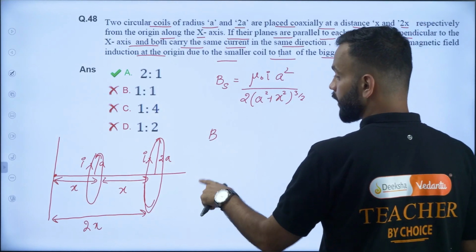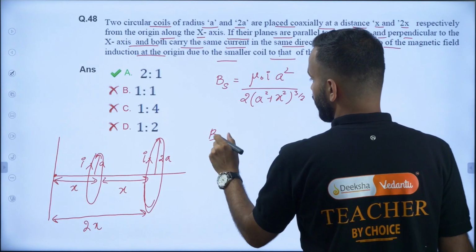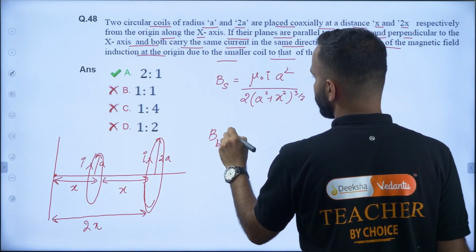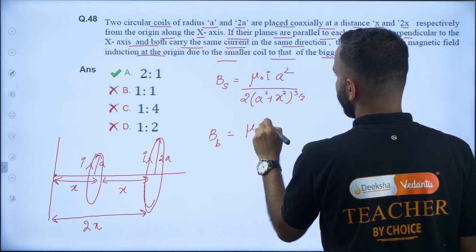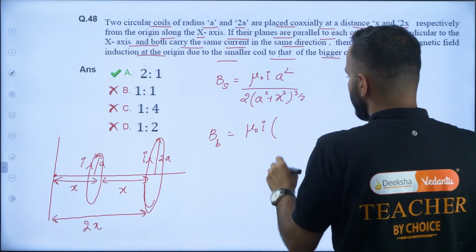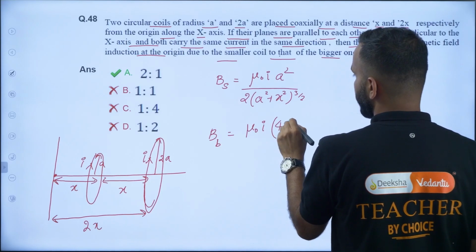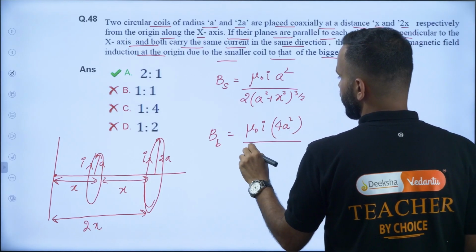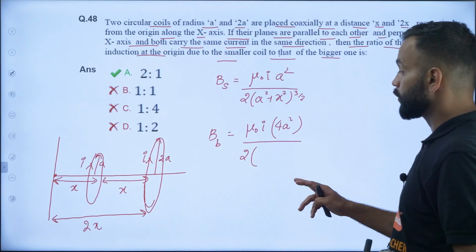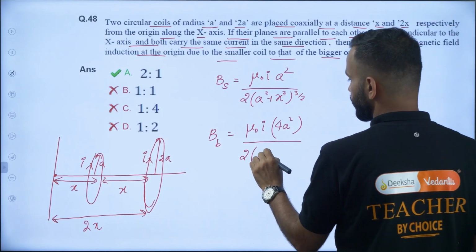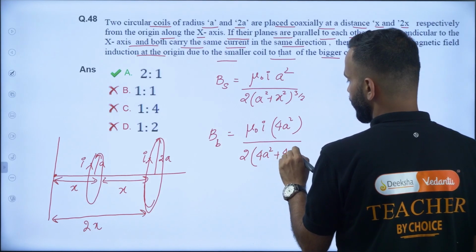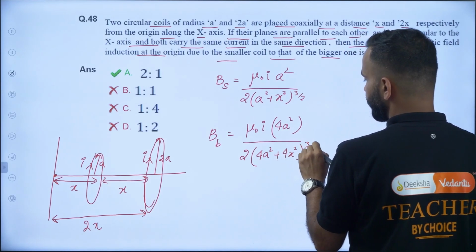Now the magnetic field due to the bigger coil at the origin is B_P, which is equal to mu naught I into, here the radius is 2a, so 2a whole square is 4a square, divided by 2 into (4a square plus 4x square) to the power 3 by 2.